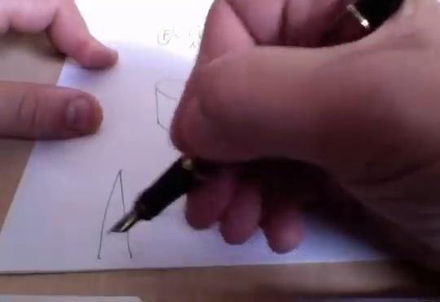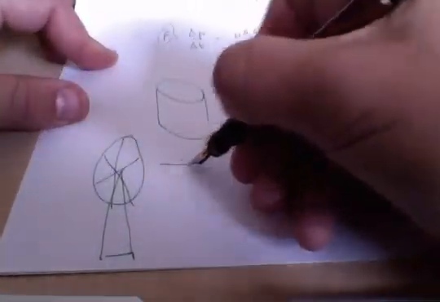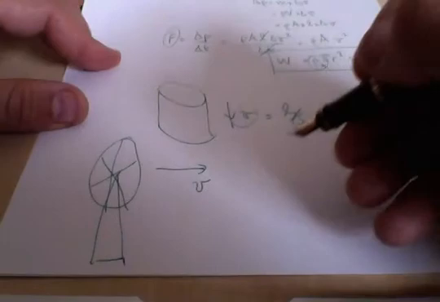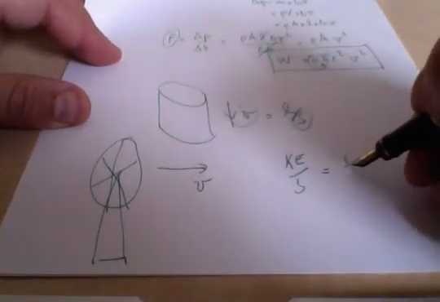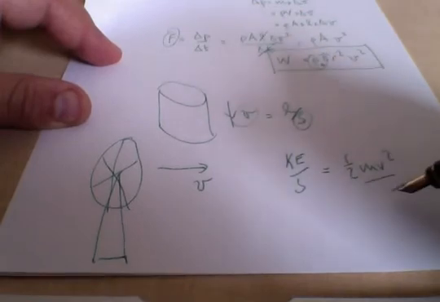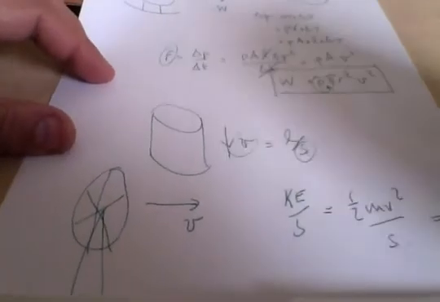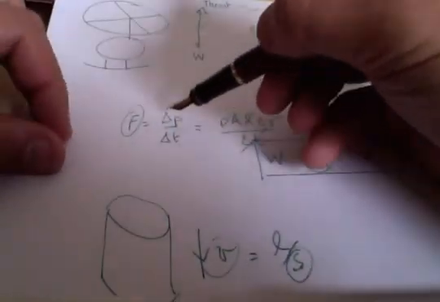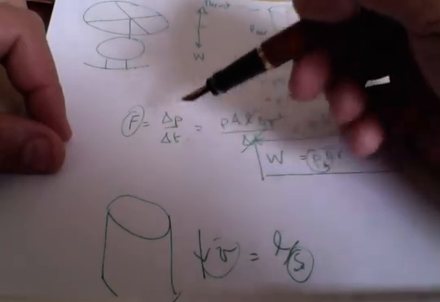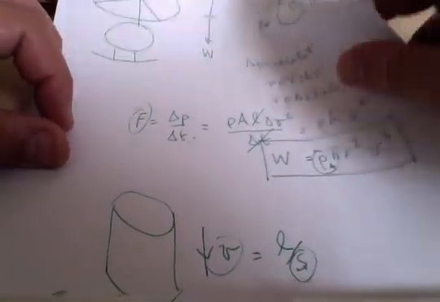You can do the same if you want for a wind turbine: the air flowing through, and you can work out the kinetic energy per second, half m v squared per second, and work out the power. There are many examples you can use. But bearing in mind, force is change in momentum per second, and all problems will seem easy.